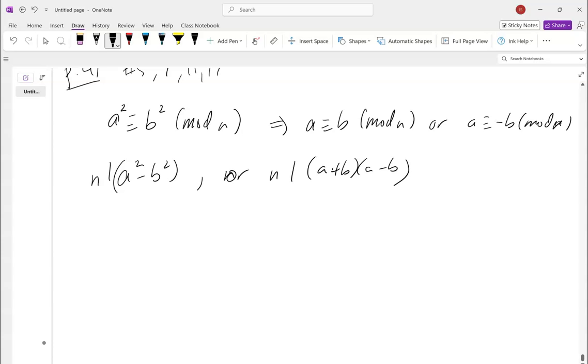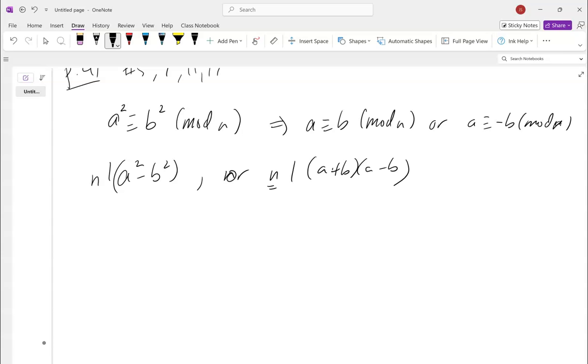Okay. Problem is that we don't know that n is prime. If n is prime, then I can say it divides one or the other, but it's not necessarily prime. So the way I would attack a counterexample is try to figure out something here where I can make those two pieces multiply together to give me 0 mod n, but then those individual pieces aren't 0.